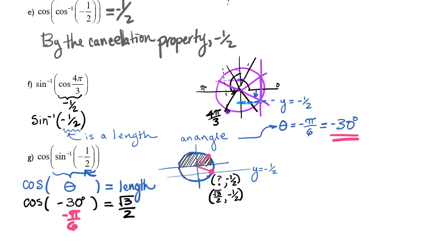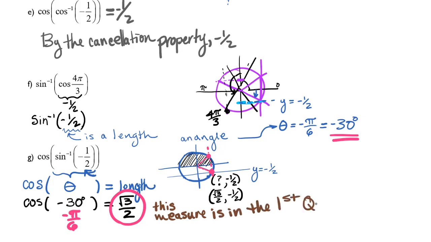It's actually an angle of pi over 6, which gives us an equivalent output in the x direction. When we say it's root 3 over 2, we must also recognize that this measure is in the first quadrant.